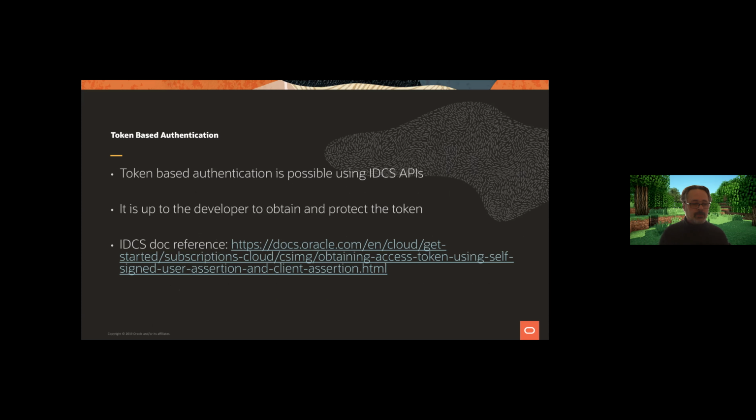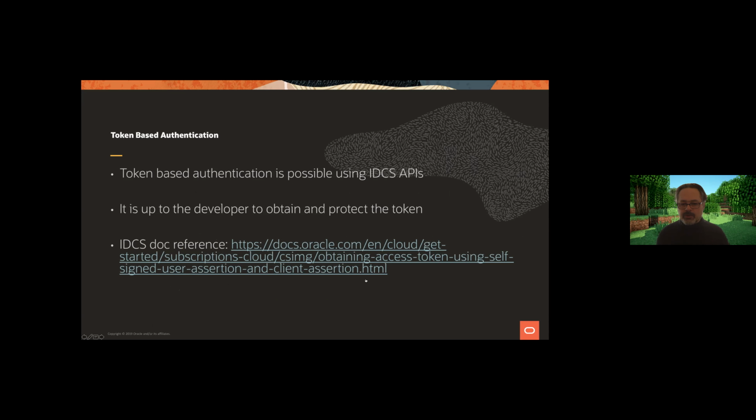And then token-based authentication. This is possible using some APIs with IDCS that allow you to get a bearer token. It's up to the developer to obtain and protect that token as needed and as required by the specifications of their application and the environment that they're working within.